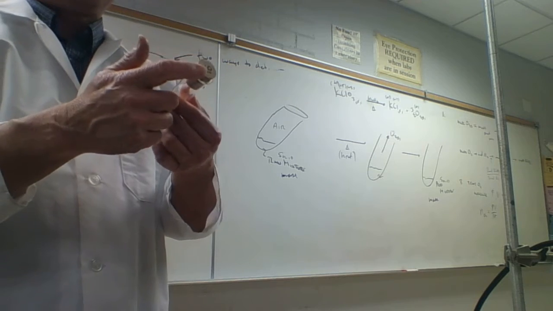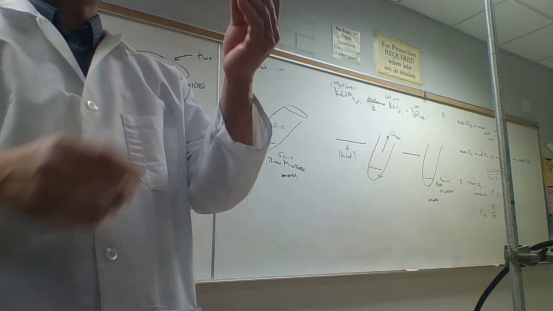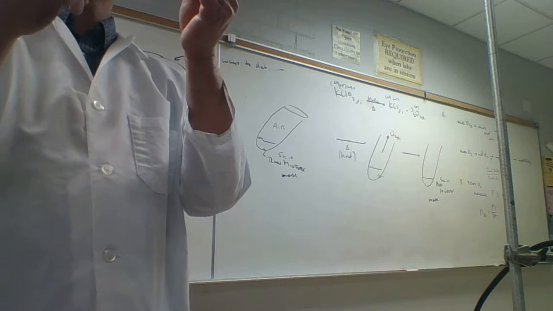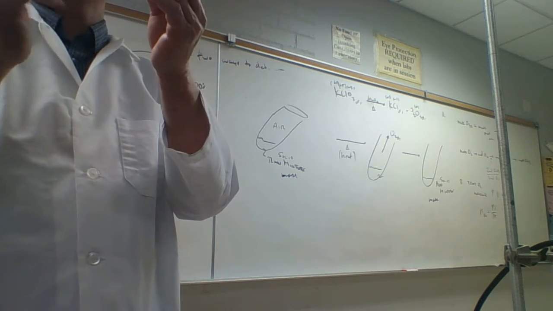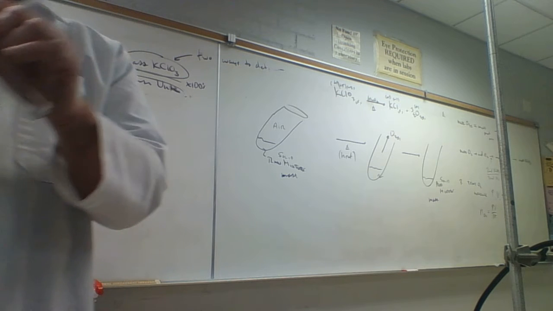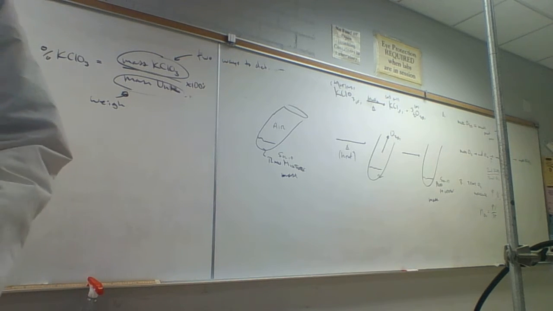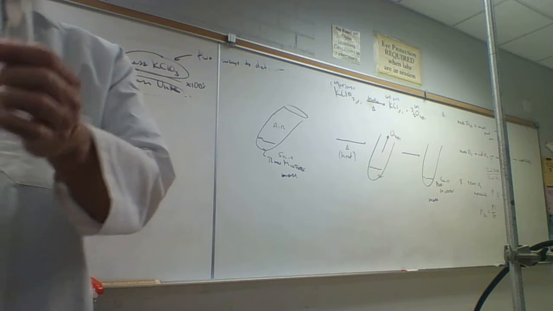Unknown number. This is our KClO3 mixture. KClO3 is a white solid, mixed with some inert white solid. We're not going to use the entire sample. We're just going to use around 1.5 grams.